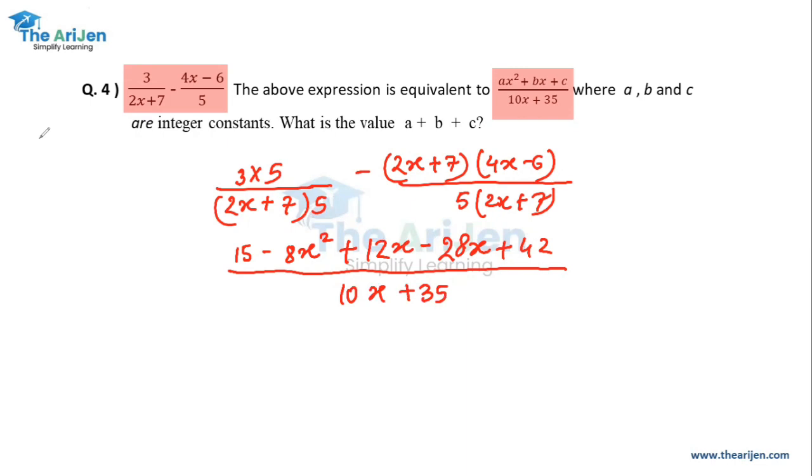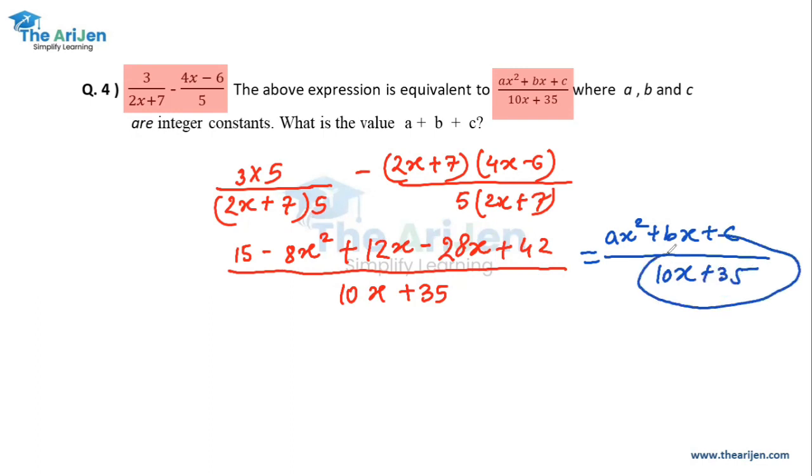Now I will equate this expression to this ax square plus bx plus c, and this 10x plus 35. You know, when you have two similar expressions over there and you have nothing special in the numerator, you can cancel it out. You can remove these two expressions.